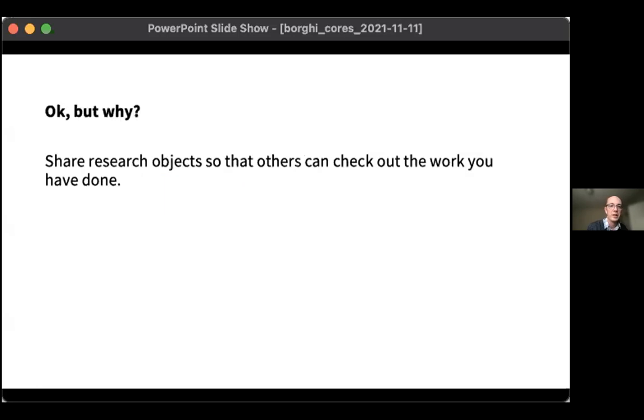Another reason is to share research objects so that others can check out the work that you have done. As someone who creates data sets and then shares them, this is always still the scariest part to me, where I've created this data set, I've done my statistics, published a paper, and then when I put out the data set, people can check it to make sure that the work that I'm reporting is actually correct.